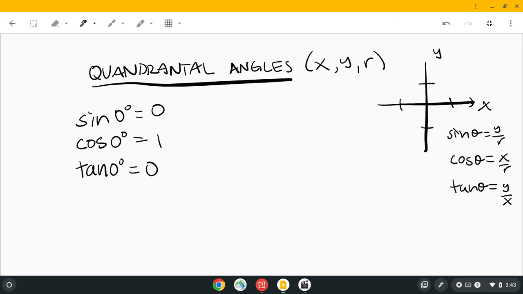Now let's go to 90 degrees. Sine of 90 degrees, cosine of 90 degrees, and tangent of 90 degrees. Again, sine are the y values. Here's 90 degrees. The y value is 1. Cosine are the x values. The x value here is 0. And tangent is just y over x, 1 over 0, which is undefined.